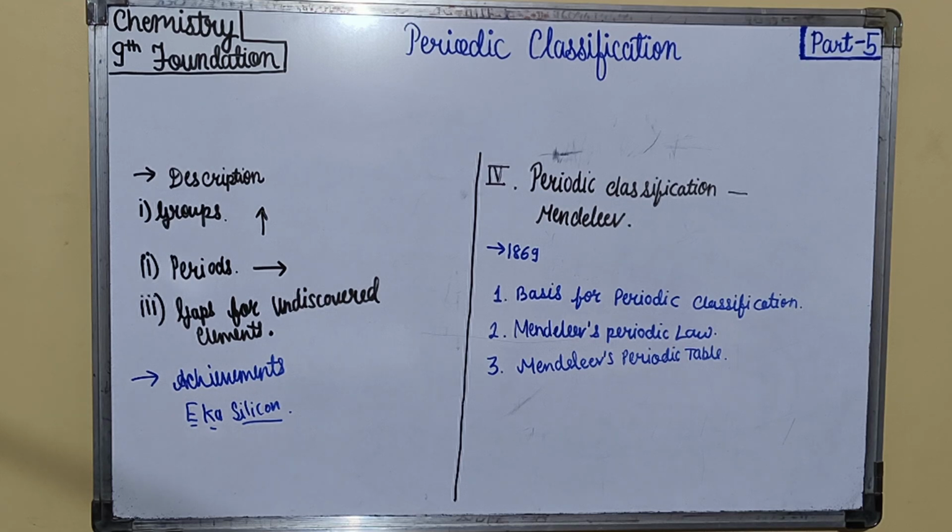And finally, the day of success: germanium was discovered in 1886.